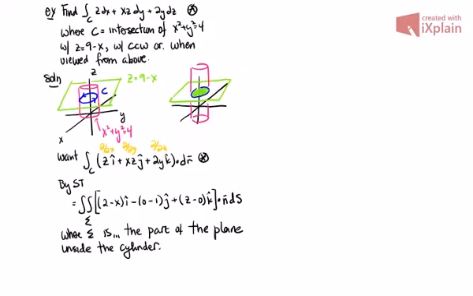I'm sort of cramming things together a little bit because I want to fit the entire problem on one screen so we can see it all together. So, in this case, sigma is the part of the plane that's inside the cylinder, and we choose that so that C is its edge.